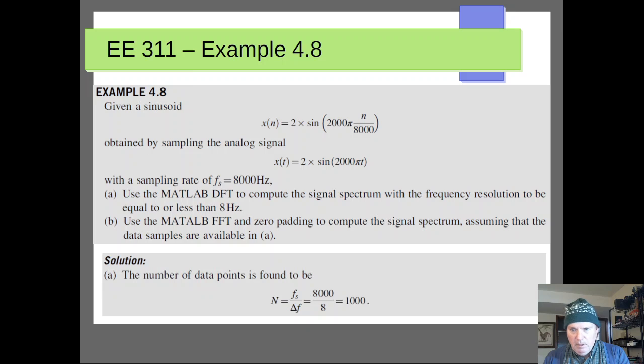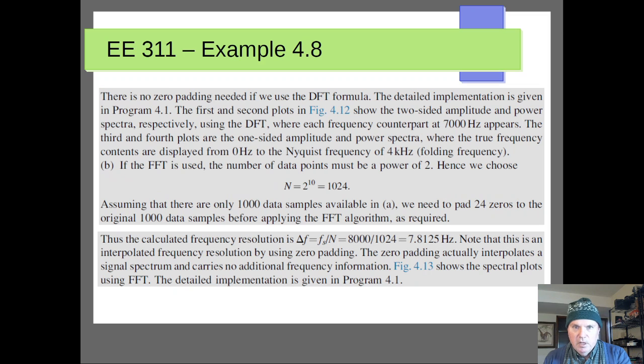Now, part B is to zero pad out to the next power of 2. Again, you don't need to zero pad with the DFT. We could directly do 1,000. If the FFT is used, we want to zero pad out to the next power of 2, which is 1024. You could even pad out to 2048 to get additional samples.